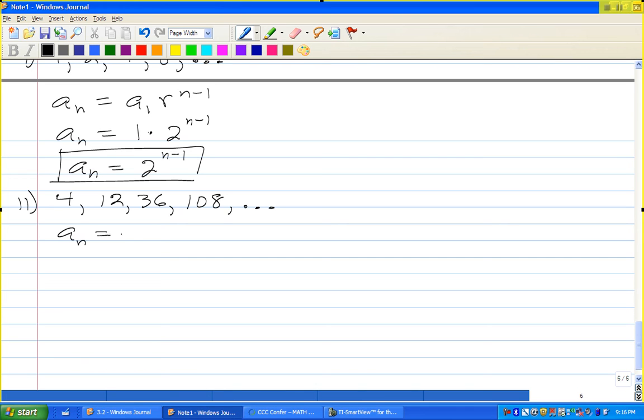A sub n is equal to a1 r to the n minus 1. The first term is 4. The common ratio is 3. And so a sub n is 4 times 3 to the power n minus 1.